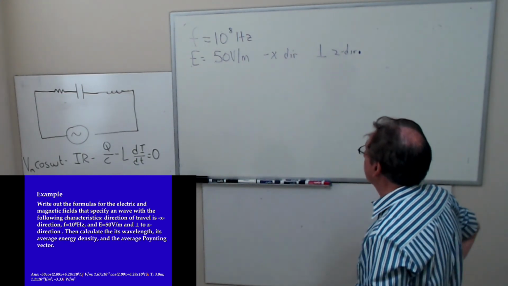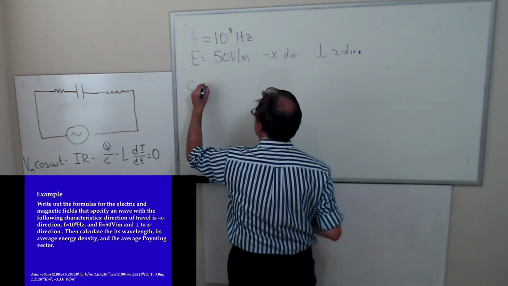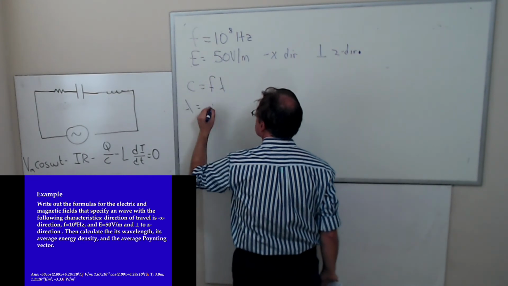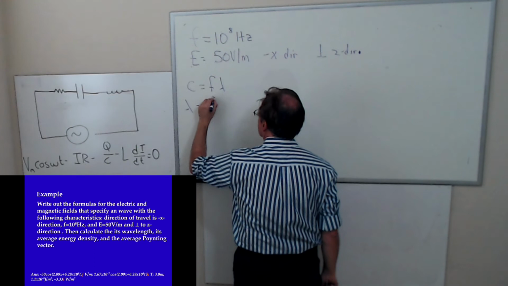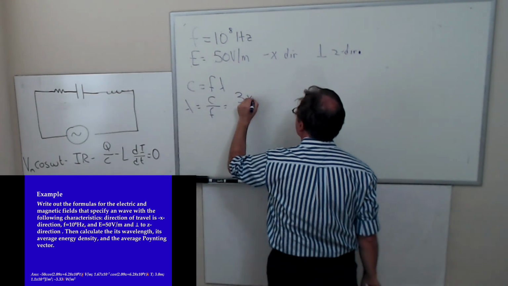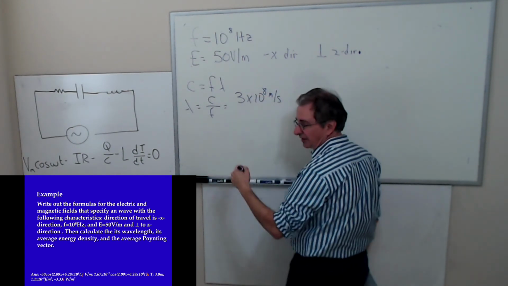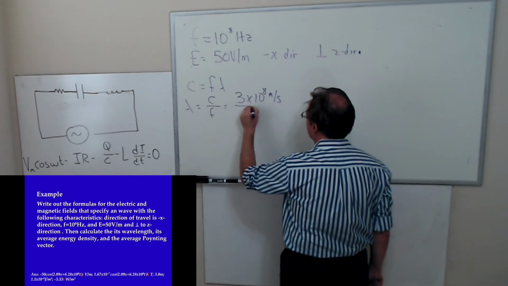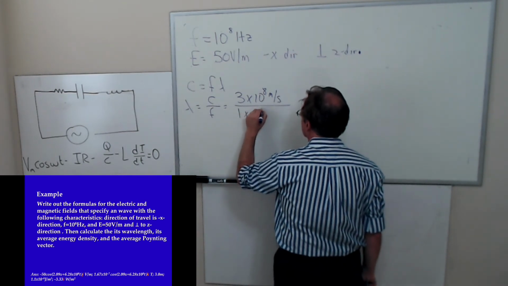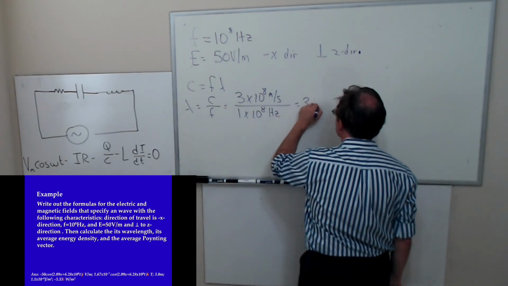Let's find the wavelength. Since c equals f lambda, lambda is c over f. So c is 3 times 10 to the 8th. I mean, it's like 2.999, etc., but we're just going to write it as 3 times 10 to the 8th. Frequency is 10 to the 8th hertz. So this is 3 meters.